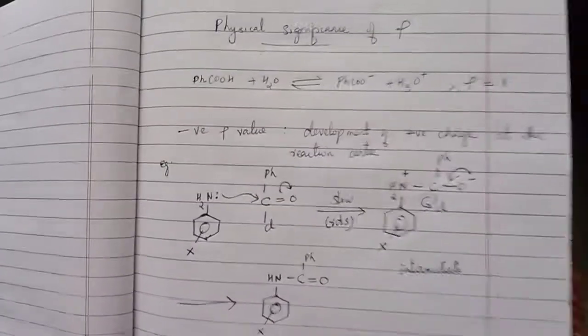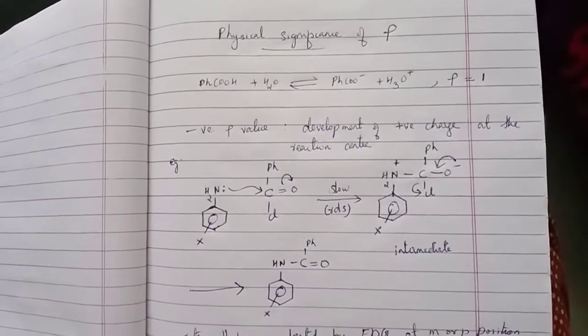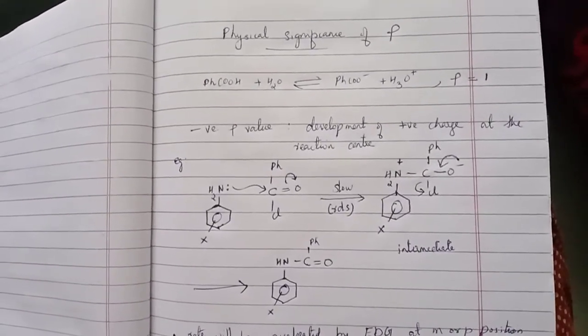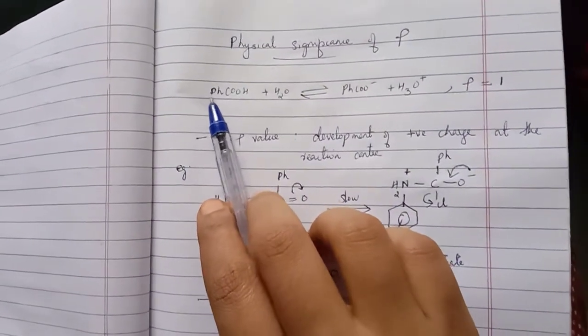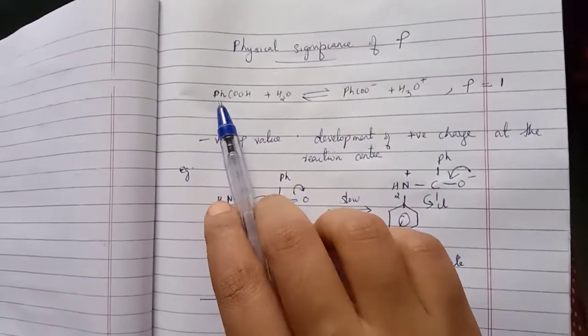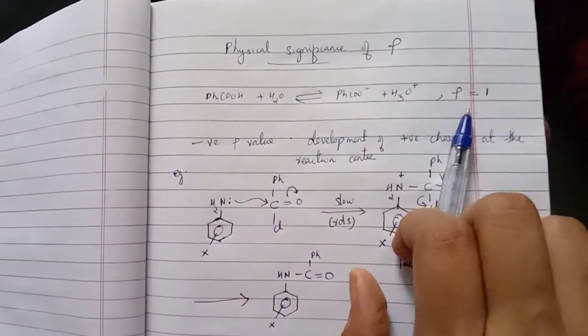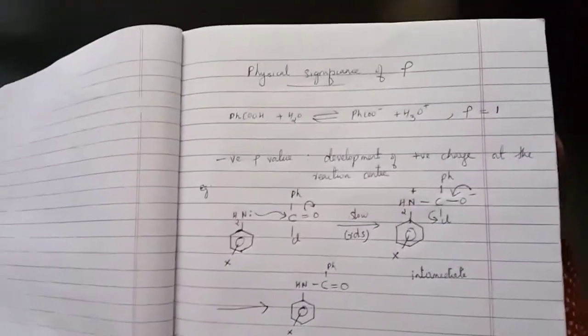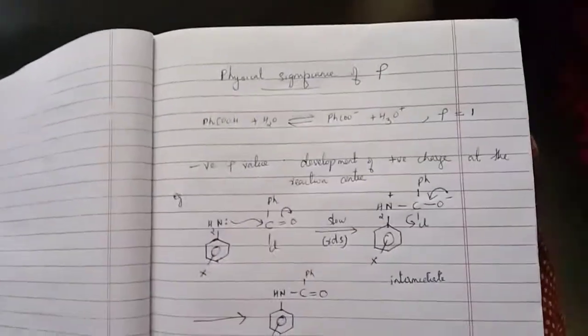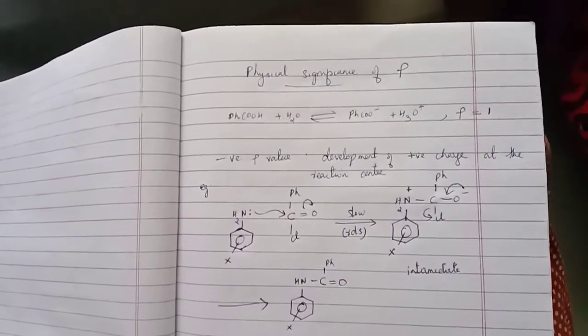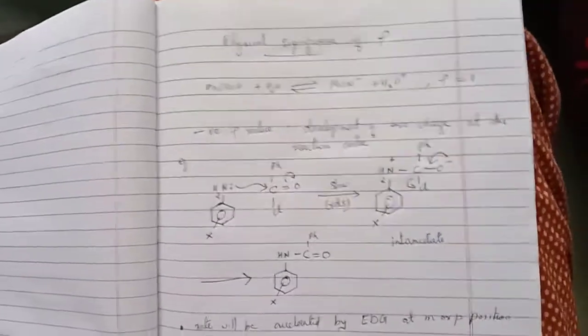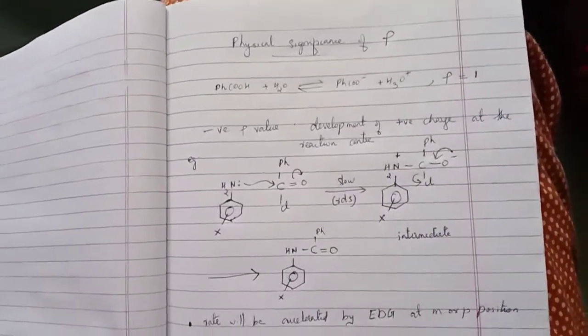For the base reaction, our reference reaction is the ionization of benzoic acid, with no substituent, with substituent as H, the base case. So for this reaction, rho value will be 1, slope will be 1. So that means 100%, the effect of that substituent is 1 only, null. Rho also has negative and positive values.